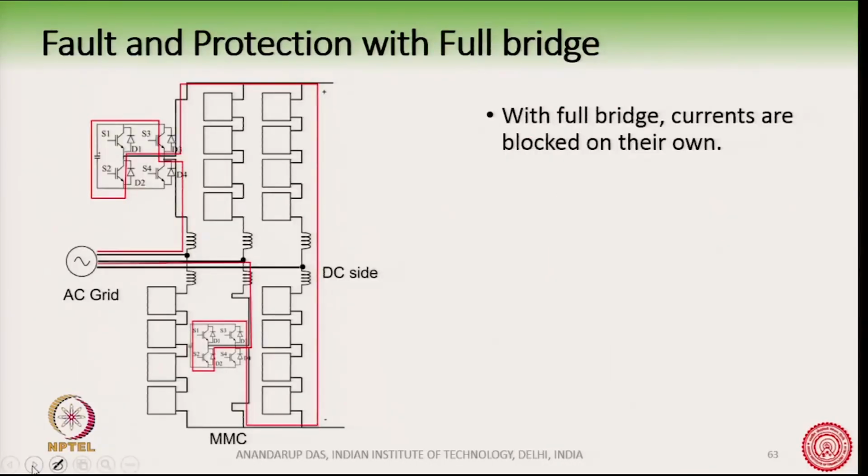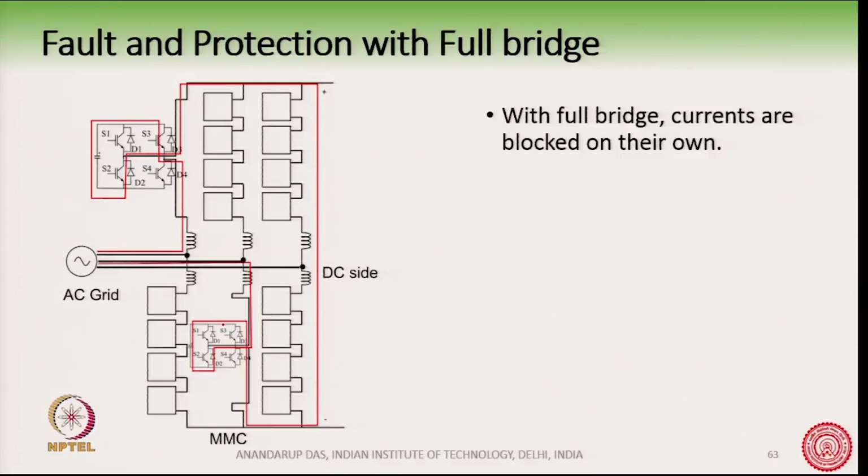Now, just like the half bridge case, let us consider the pole to pole fault case with full bridge modules in the arms. And let us again replace one arm with one full bridge for the sake of analysis. What will happen now?